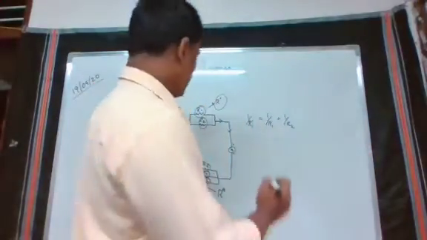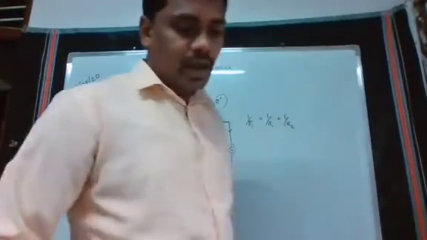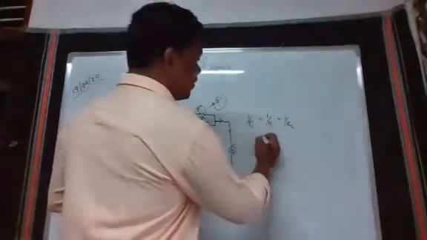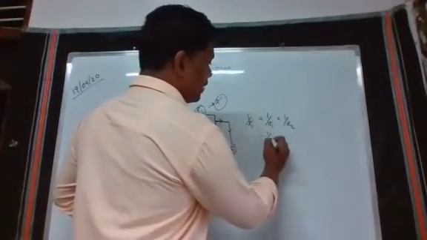What is R1? R1 is equal to 10 ohm and R2 is equal to 40 ohm. So we will get 1 by 10 plus 1 by 40.